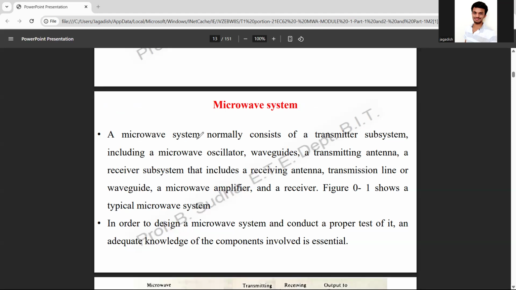A microwave system consists of a transmitter subsystem.